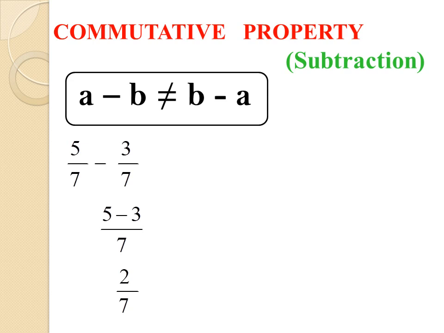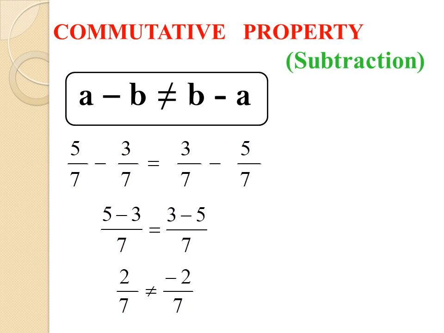Let's rearrange the order. The second number becomes the first number and the first number becomes the second number. When you subtract it in this way, what do you get? 3 minus 5 by 7. What is 3 minus 5? It is minus 2 by 7. So 2 by 7 and minus 2 by 7 are not the same. They are two different rational numbers.